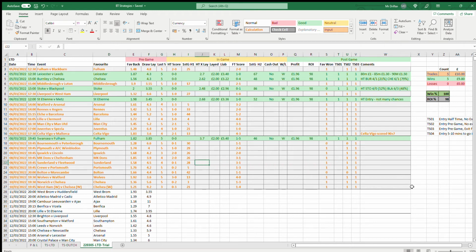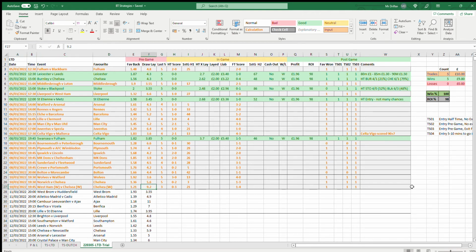The 28th minute. We would have traded out after the half-hour mark, and probably still lost a bit of money, because I think the draw at that point probably still wouldn't have been the best odds. So I do need to look at strategy 3 in more detail and how much we would have won and lost. I'm going to have to start getting some numbers together for these strategies.